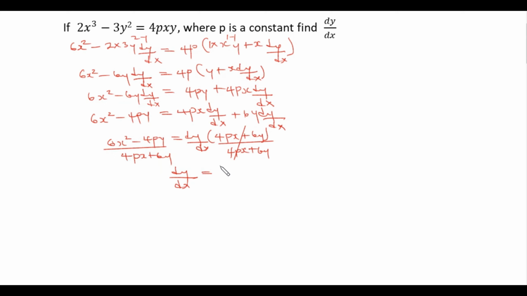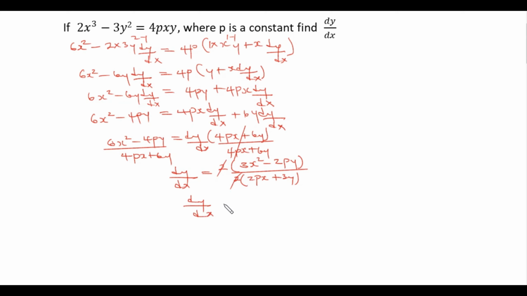So you take out 2, this is now 3x squared, 2 into 6 is 3, 2 into 4 is 2, write your minus sign, minus 2py, close this bracket, all upon 4, take 2 again out, this is 2px plus 3y, so 2 cancels 2.